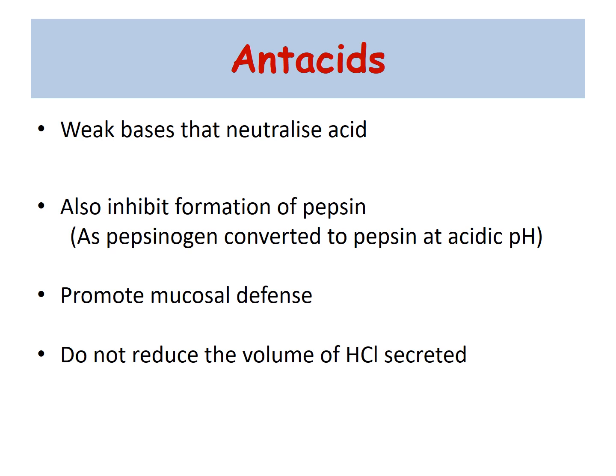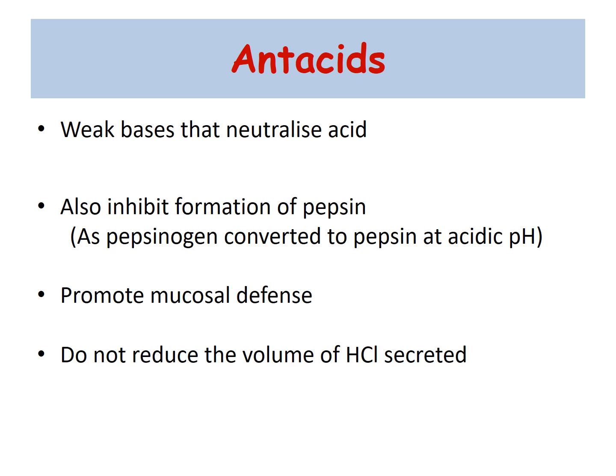The reason is pepsinogen is converted to pepsin. We know that pepsinogen is the inactive form of pepsin, so pepsinogen should be converted to pepsin first, and the pepsinogen will be converted to pepsin only in acidic pH. So when we are using an antacid, it will neutralize that acidity, and the production of pepsin will be inhibited.